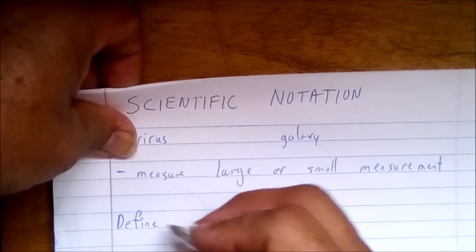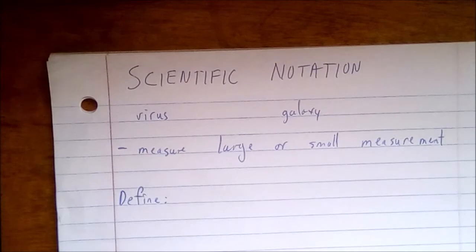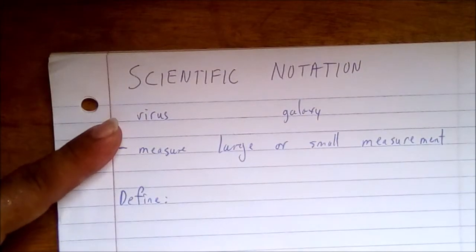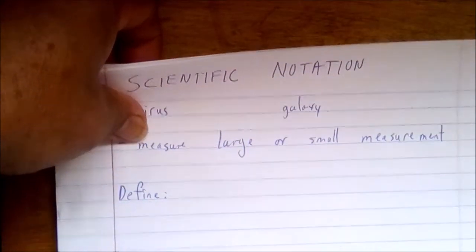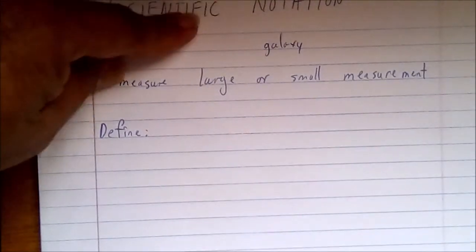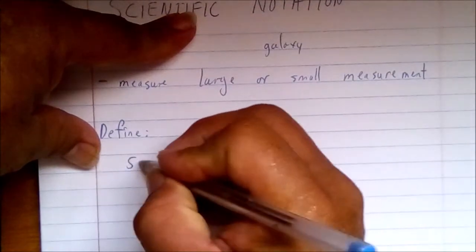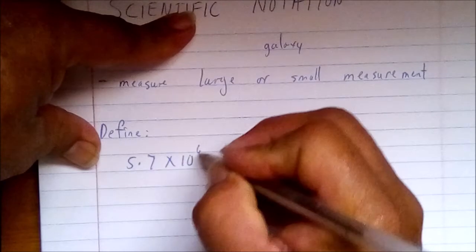Let's define scientific notation. Well, it is a way for us to write, or we can say that it's the product of a number between 1, including 1, and 10, denoted by the letter N. So let's see how this works. I'm going to give you some examples, and then we're going to take our definition from that. So consider a number such as 5.7 times 10 to the 6th power.